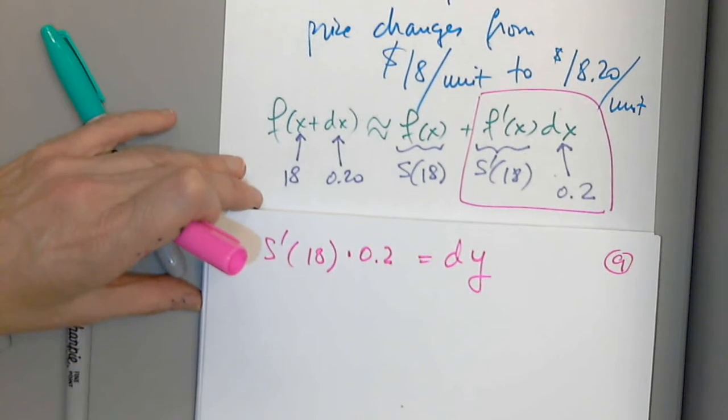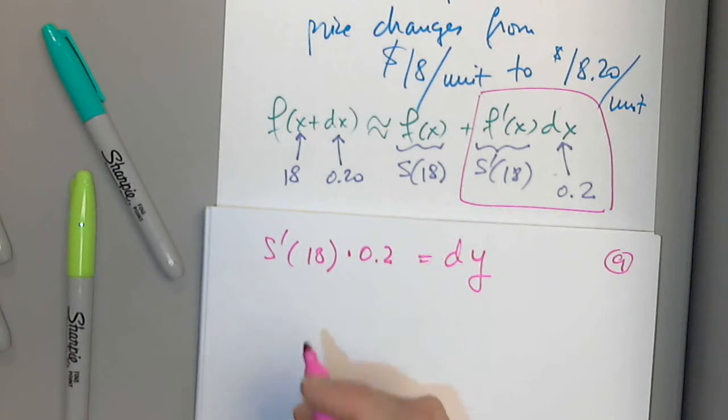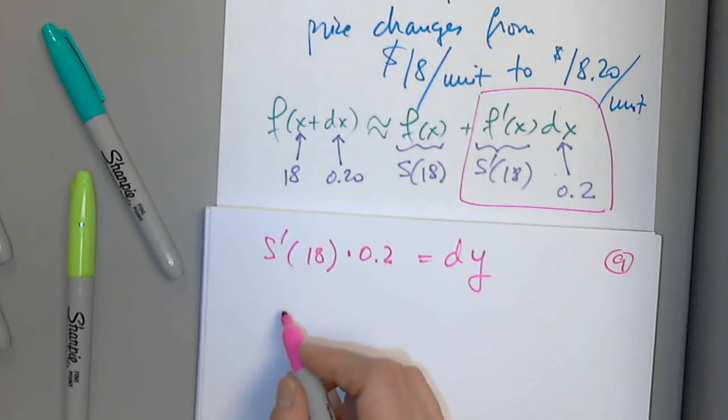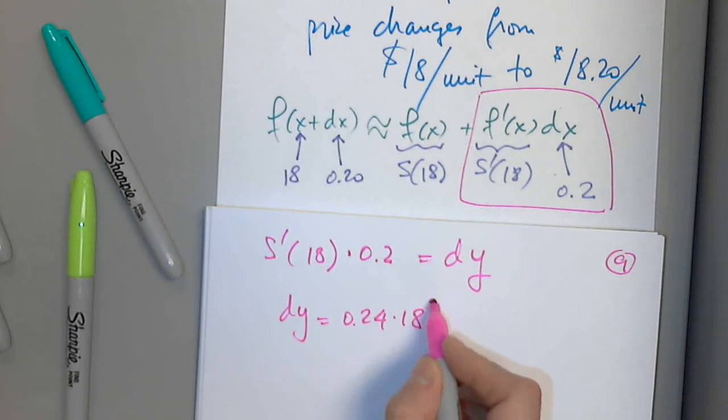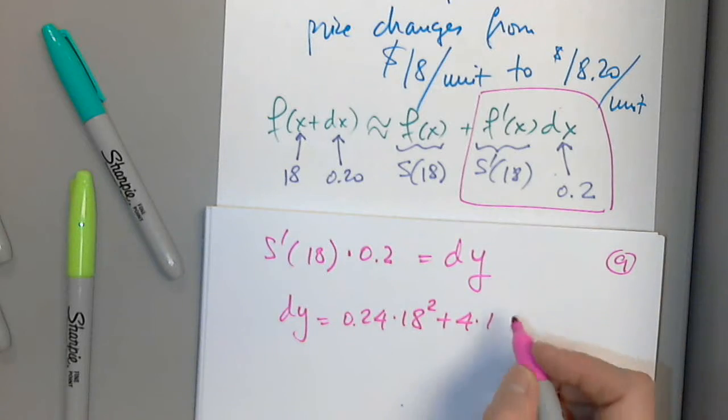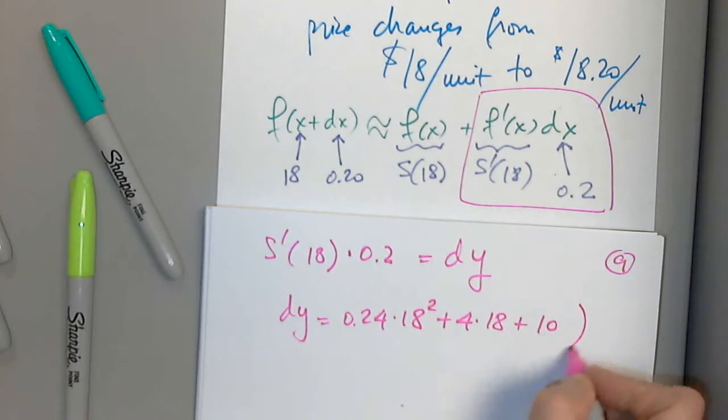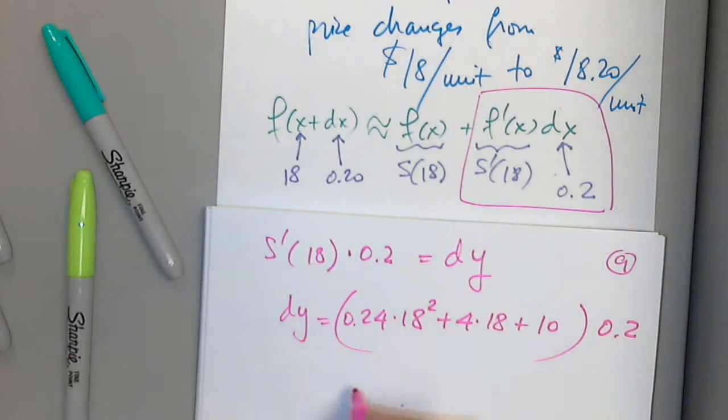And that's the estimate. So S prime of 18. So dy equals 0.24 times 18 squared plus 4 times 18 plus 10, and everything multiplied by 0.2.